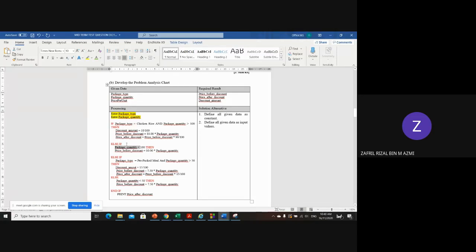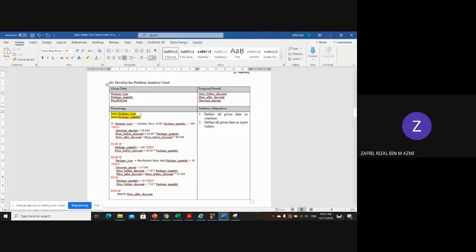There's no condition for pre-packed meal over here, whether it is pre-packed meal or chicken rice. But the user enters pre-packed meal equal to 10. So is it true or false? False.